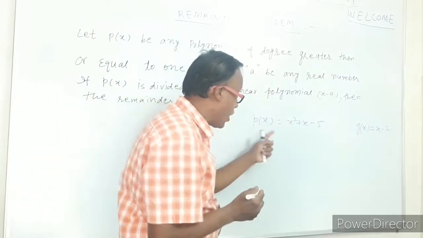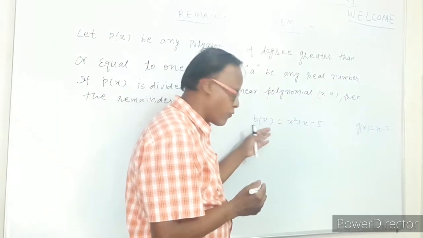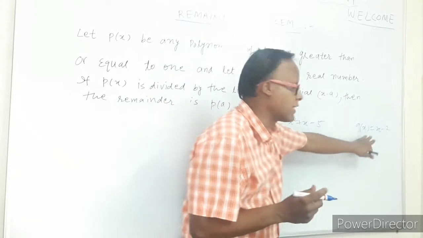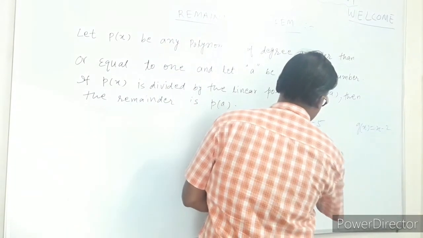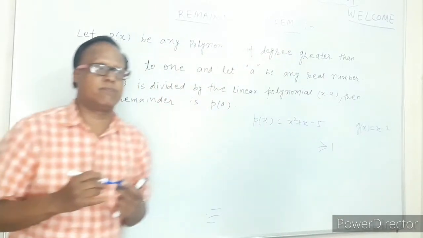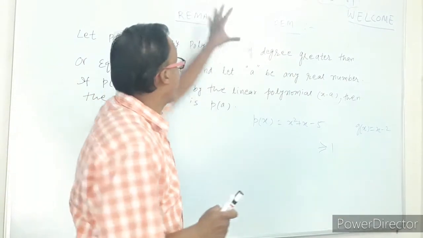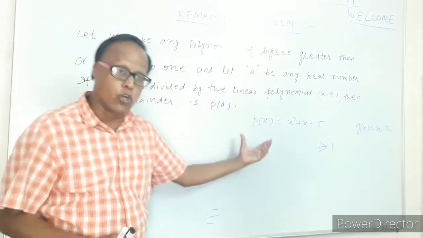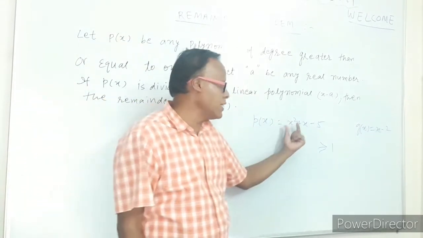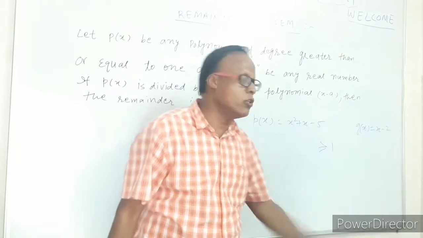So the degree of this polynomial must be greater than or equal to 1. To apply remainder theorem, the first condition is we need a polynomial and its degree must be greater than or equal to 1.